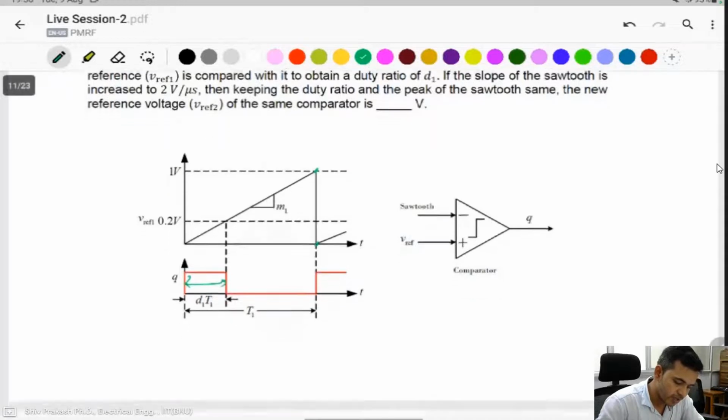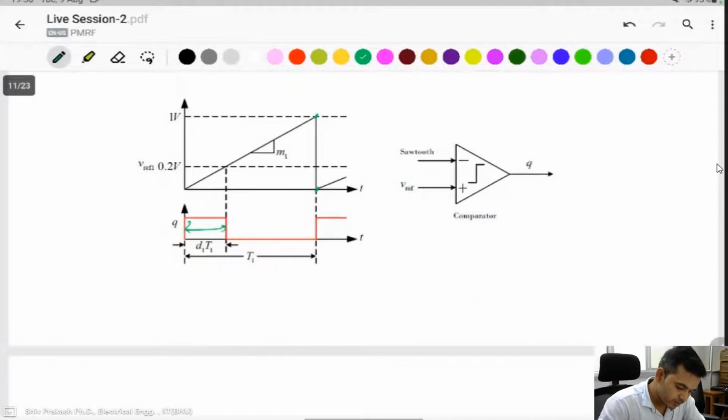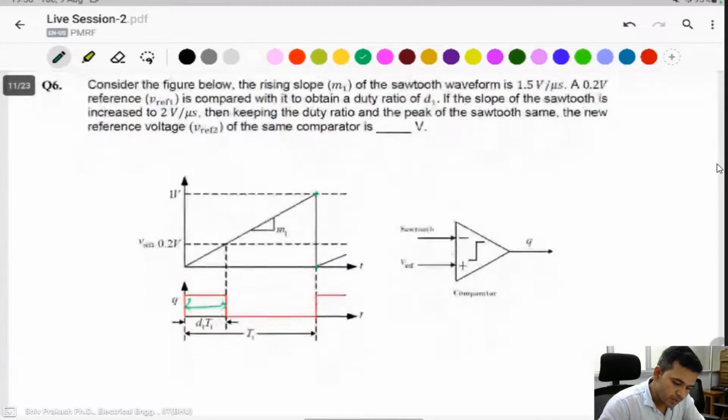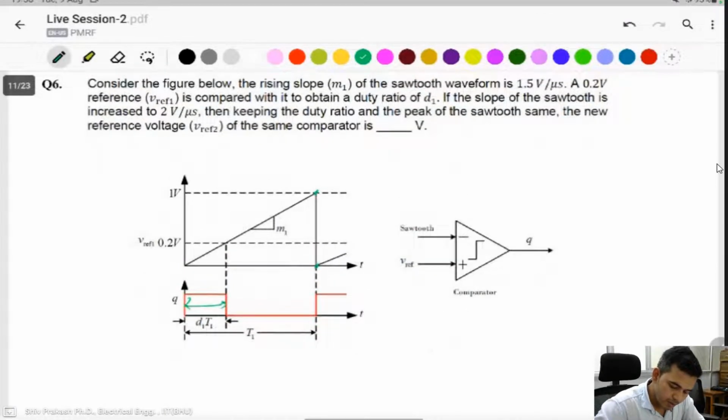First we find the duty ratio. What is the duty ratio? If you observe, the slope is equal to 1.5 volt per microsecond.